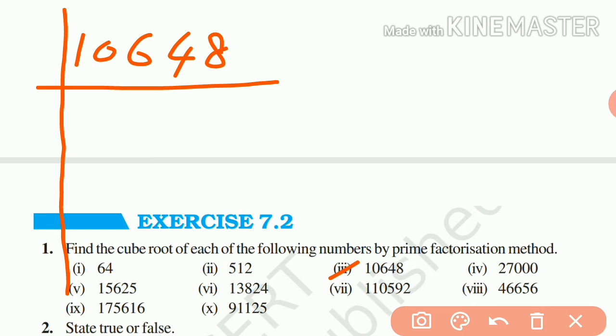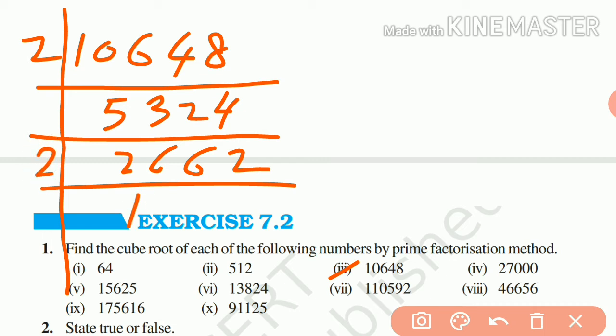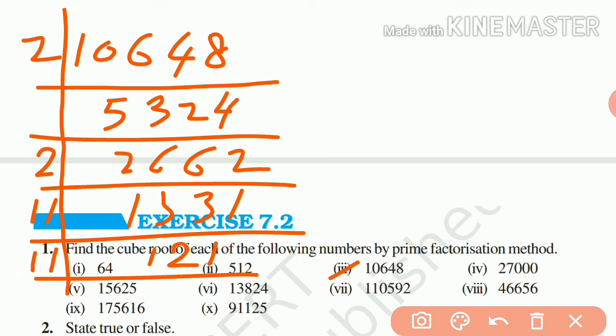When we divide by 2, then 2 5s are 10, 2 3s are 6, 2 2s are 4, 2 4s are 8, and again by 2, then 2 6 6 2, and again by 2, 1 2 3s are 6, 2 3s are 6, 2 1s are 2, again by 11, 11 1s are 11, 11 2s are 22, 11 1s are 11, and again by 11, this is 11 times, and again by 11, this is 1.